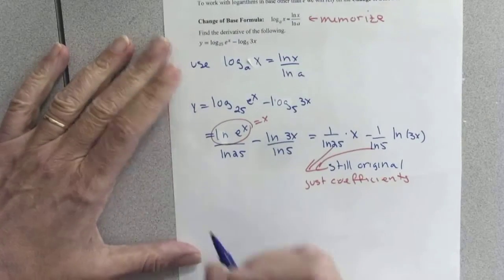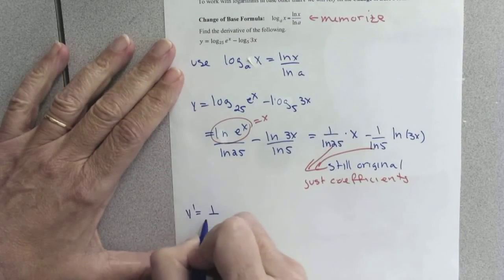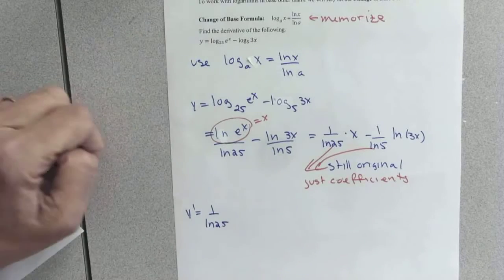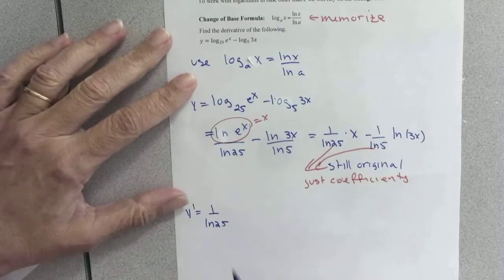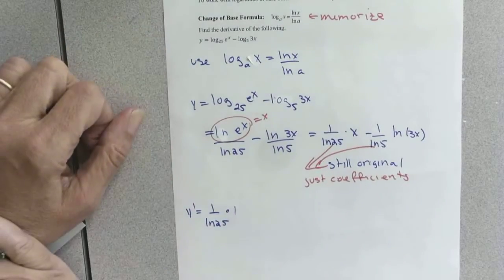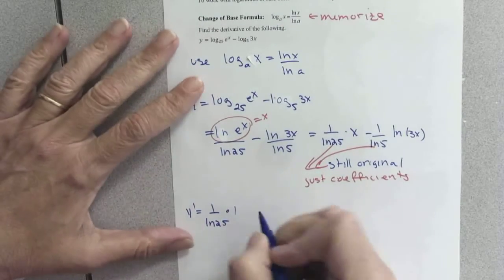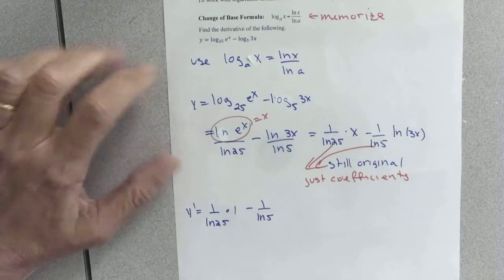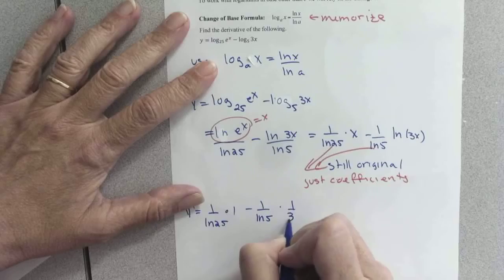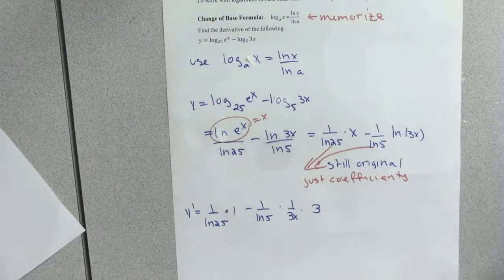And so now when I differentiate, write down the coefficient, 1 over natural log of 25. The derivative of x, very specifically, is 1. Write down the other coefficient, 1 over natural log of 5. Then 1 over the argument, derivative of the argument.